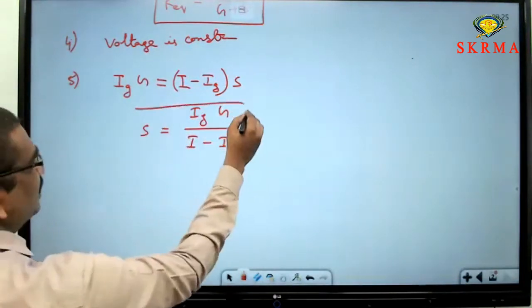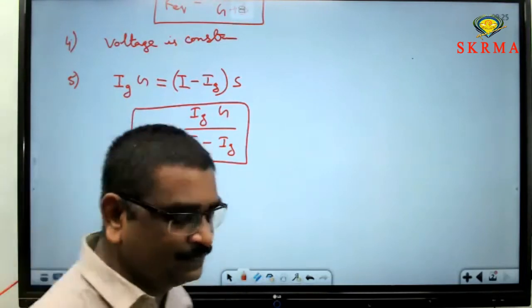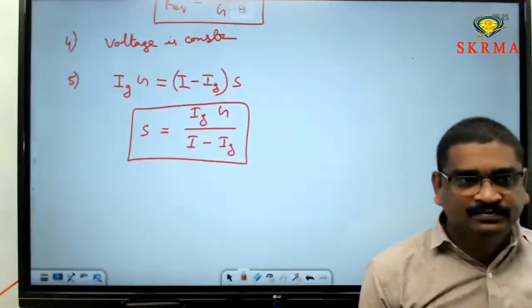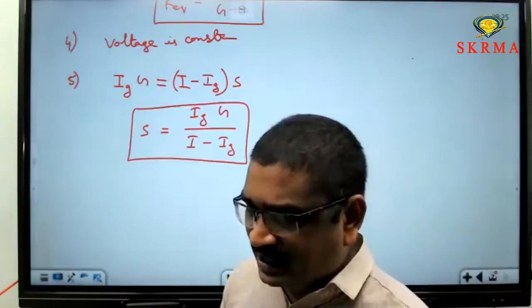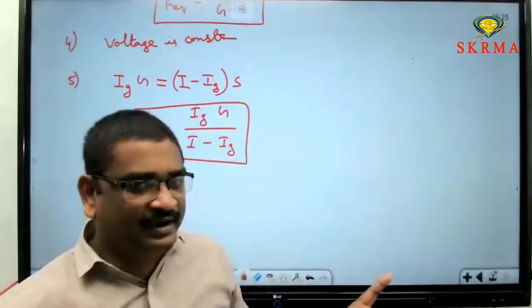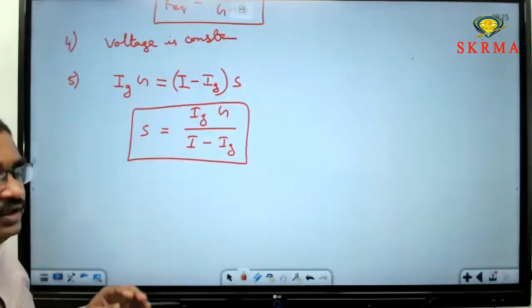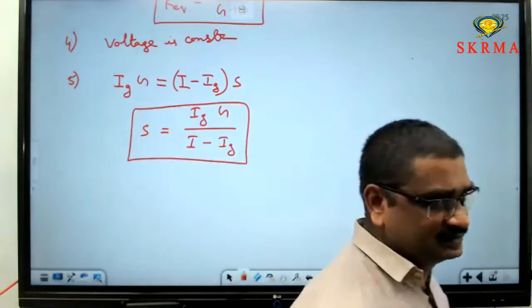This is the equation for the shunt resistance. If they give Ig, the current passing through the galvanometer, the resistance of the galvanometer, and the total current in the circuit, then you can calculate the shunt resistance using this equation.